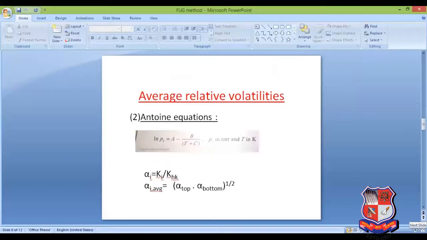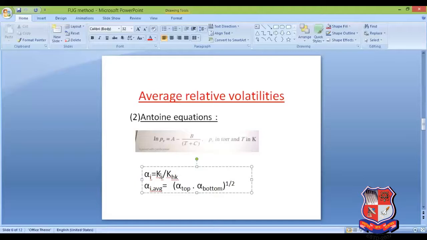Another way is we can determine this with the help of the Antoine equation. Sorry, I just changed this. Okay, so fine.